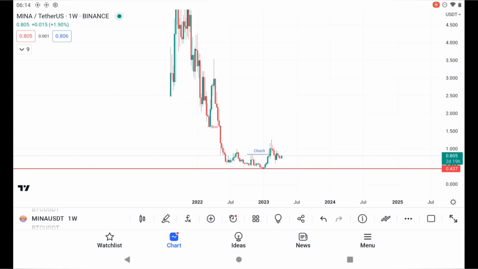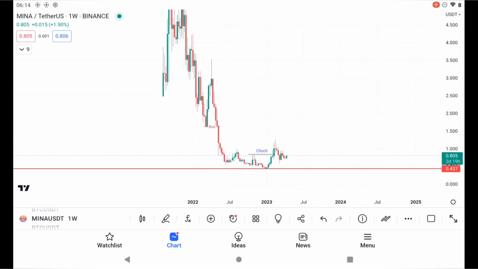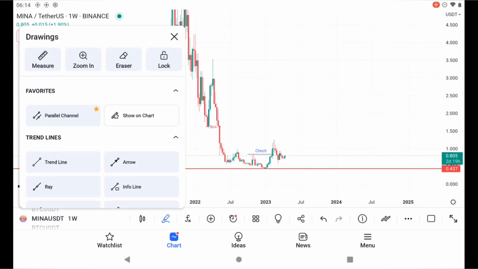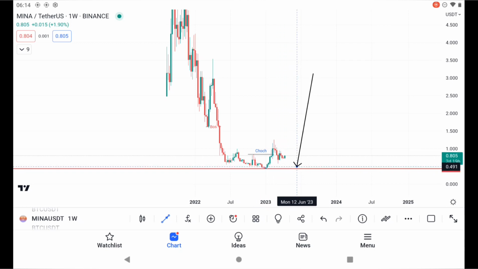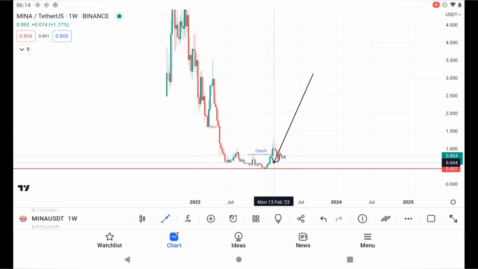Now, right here, we can see we have our local bottom somewhere around here. This was around 0.4446, around December, early January.